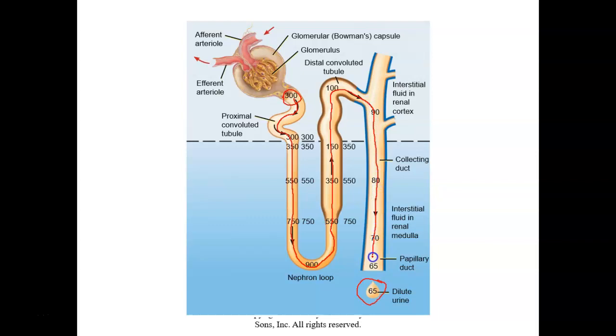There are certain parts of the tubule where the wall is impermeable to water. So the fact that there are certain parts of a tubule which are impermeable to certain molecules, sodium, potassium, water, what have you.